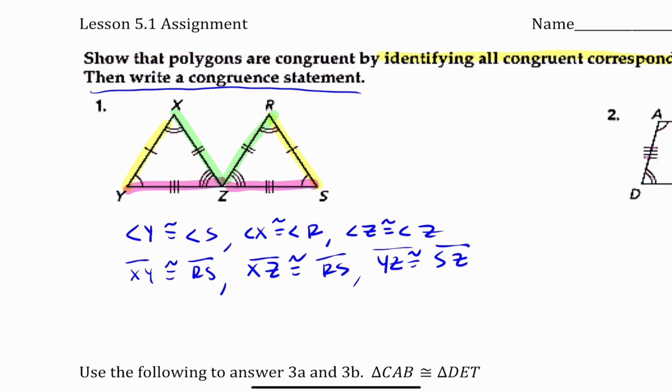So you can call this triangle XYZ. Okay, so triangle XYZ. It doesn't really matter what you call this. You can call it triangle XYZ or triangle XZY or ZXY. Like, it doesn't really matter. But what does matter is the stuff that comes after the congruency symbol.